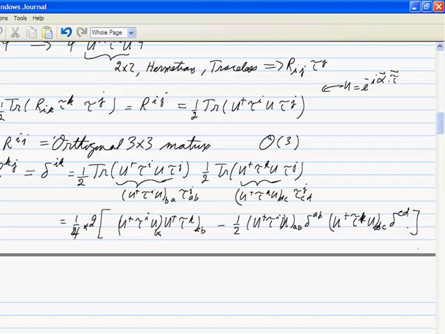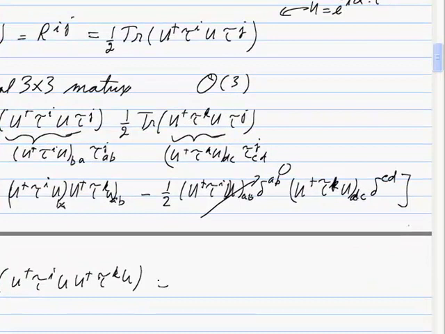Okay, so these both turn into traces now, so summing over indices. These last ones here become trace of taus, which are 0. And this one equals then 1/2 times trace U dagger tau_I U U dagger tau_K, and there's a U sitting there, which the U's all disappear, and this becomes delta_IK as advertised.